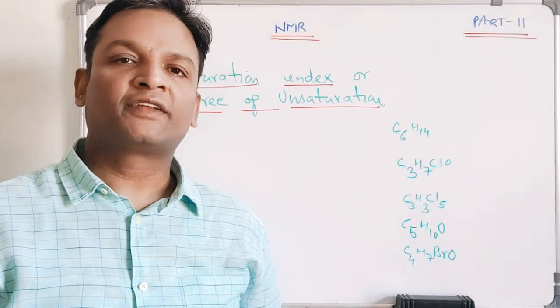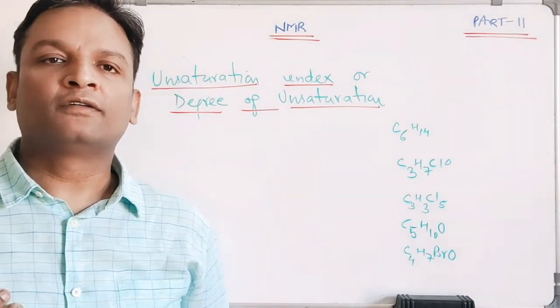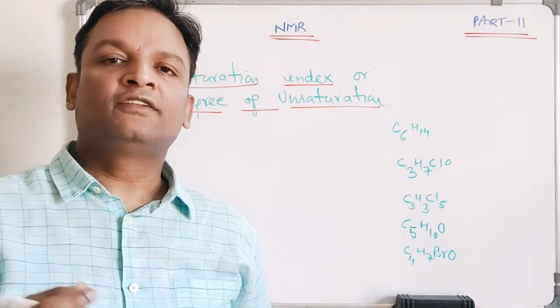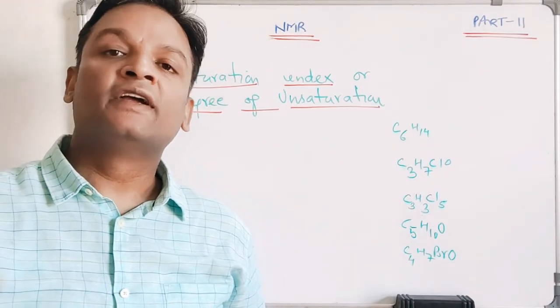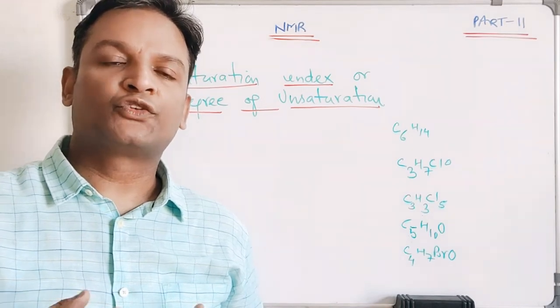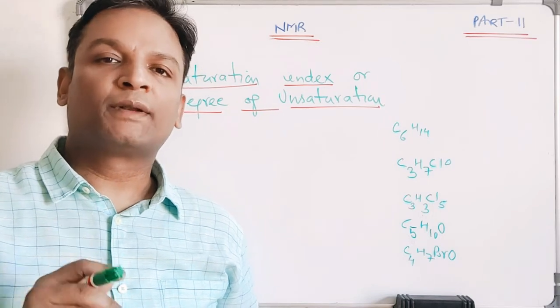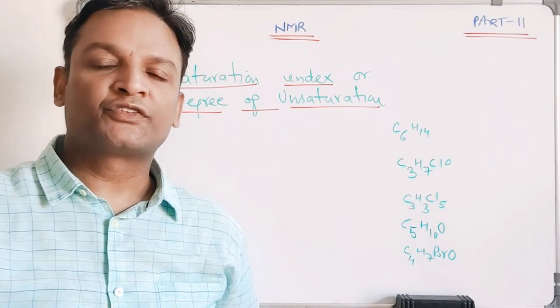Suppose I have ethene, then the degree of unsaturation is 1. If I have butadiene, the degree of unsaturation is 2. If I have acetone, it contains one double bond, so the degree of unsaturation is 1.